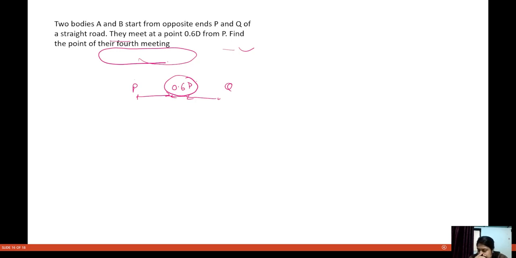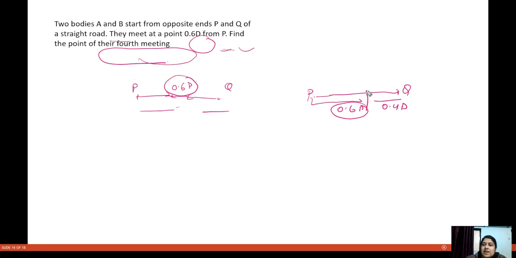Now see, here is how we can do this question. It is saying 0.6d from P, and P and Q are the opposite points on the road, and from P they meet at 0.6d. So that means the remaining part is 0.4d. Now see here, what is constant?